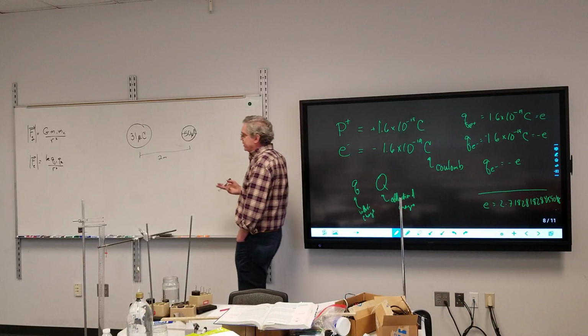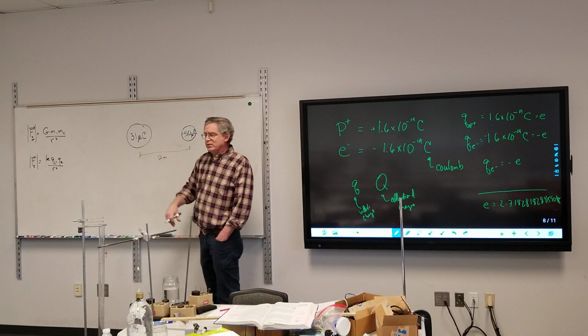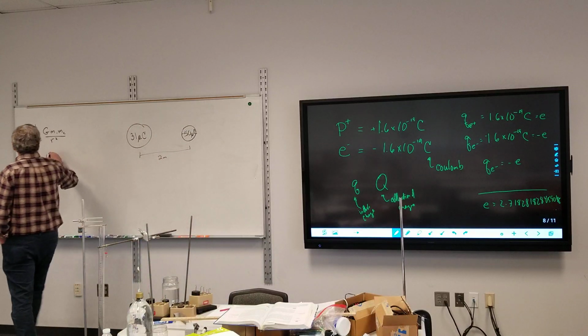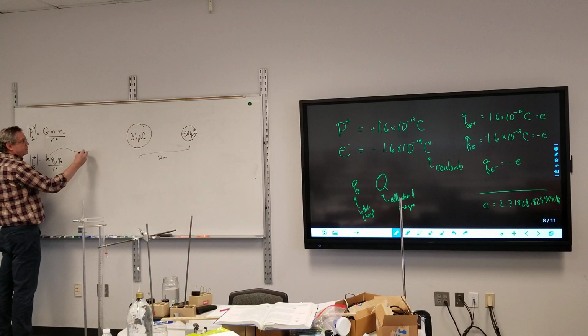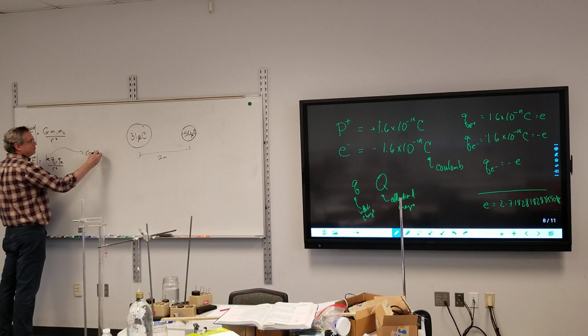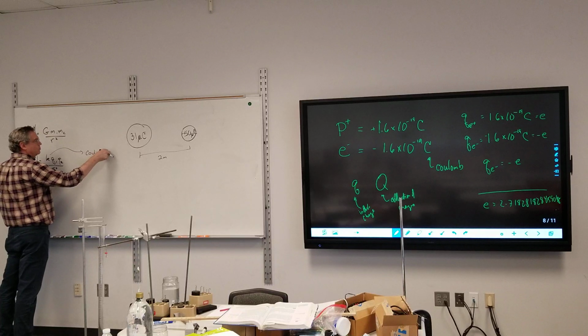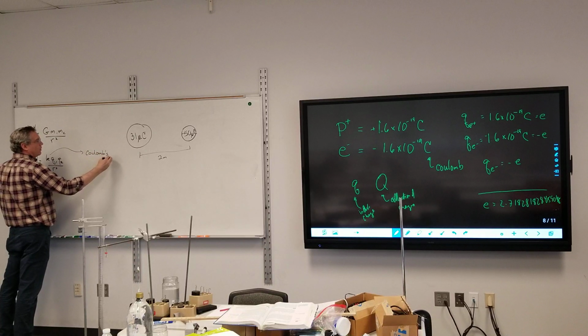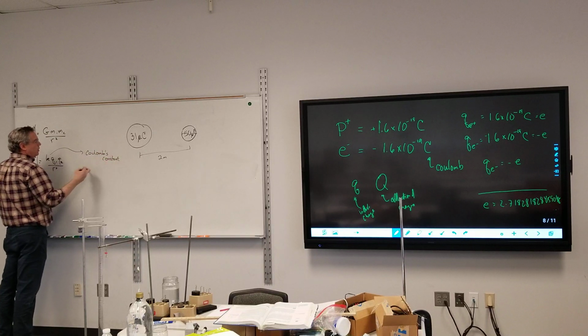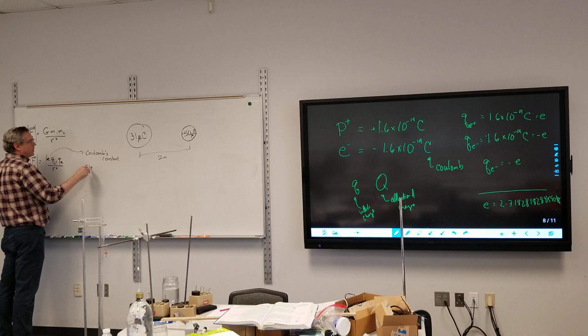Well, we can do a straight plug and chug. K is a constant. It has two names, because why not? It's sometimes called Coulomb's constant, or the electrostatic constant.